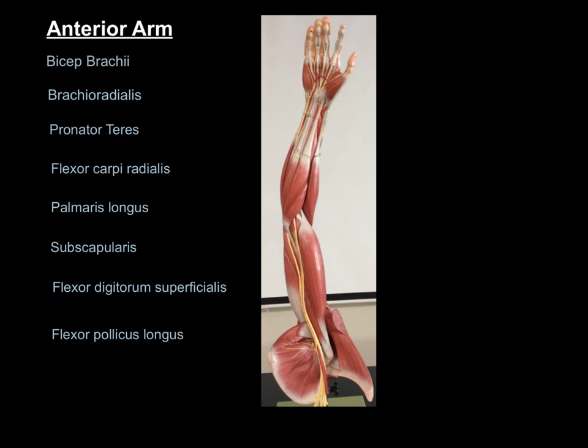Moving on from here, sticking with more superficial muscles that I can see easily without removing anything, we're going to move into the crevice of the elbow area. This muscle right here that runs on a little angle is called our pronator teres.